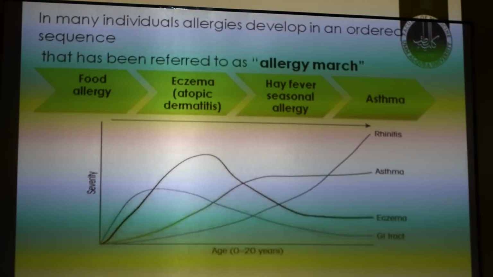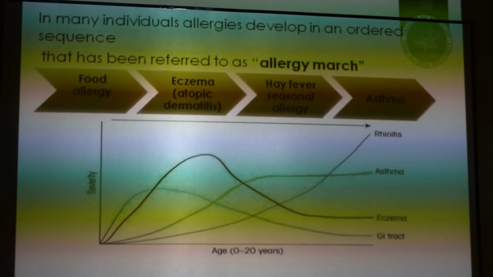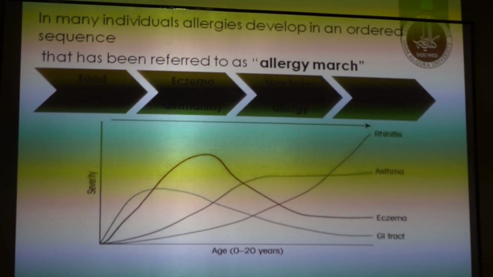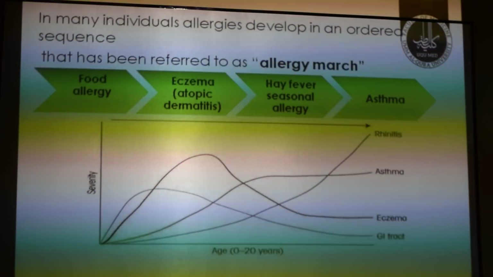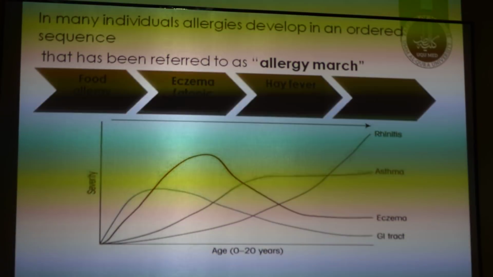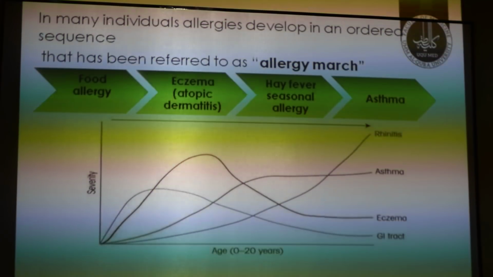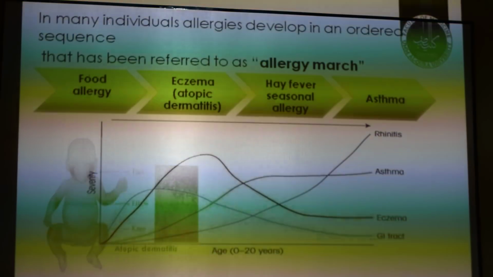And here is the graph showing that with growing age, initially they have, if you see, more skin eczema and GIT, the blue line. But later on they can develop asthma and rhinitis with the growing age. So this is called the allergy march, a possibility that food allergy patients can sometimes develop these other conditions as well.